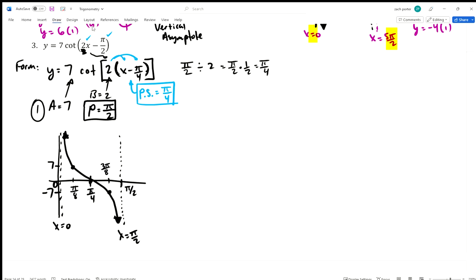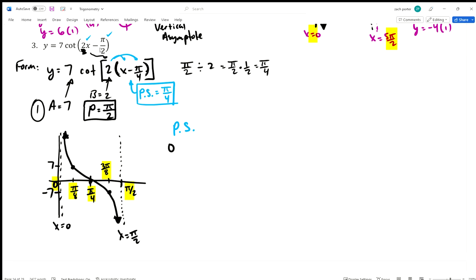Just like our first ones, I'm going to highlight, we have 5 important x values. Some of them aren't coordinates, just x values. With those x values, we now need to apply the phase shift. So I make a table.